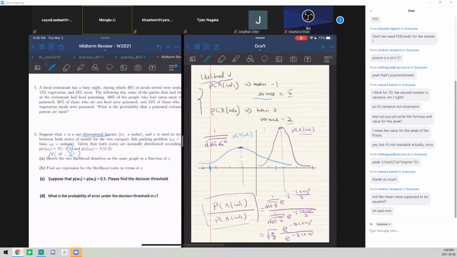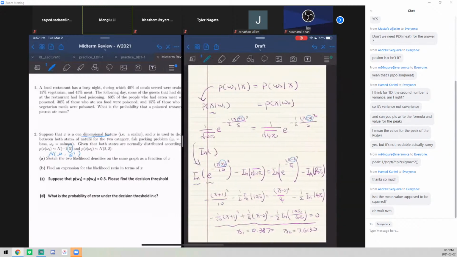You will realize my graph is not very precise. So the first intersection of the two Gaussians is 0.38, and the second intersection of the two Gaussian graphs is 7.61.